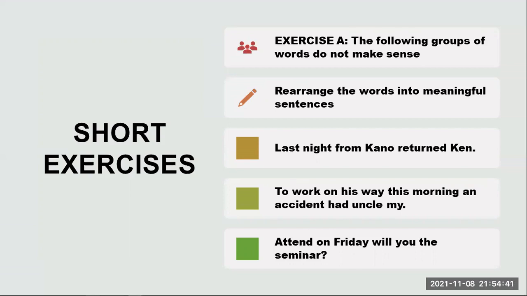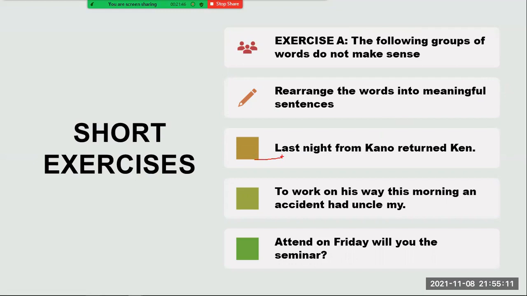So here we are looking at the arrangement of words within a sentence. That's one aspect of grammar that we talked about. Now let's look at how much you know about arranging words correctly in English sentences. So rearrange the words into meaningful sentences. Let's look at the first one.